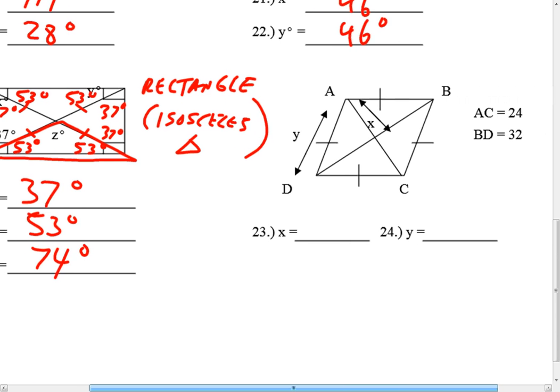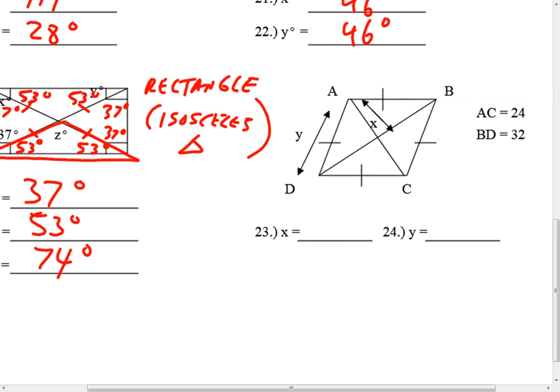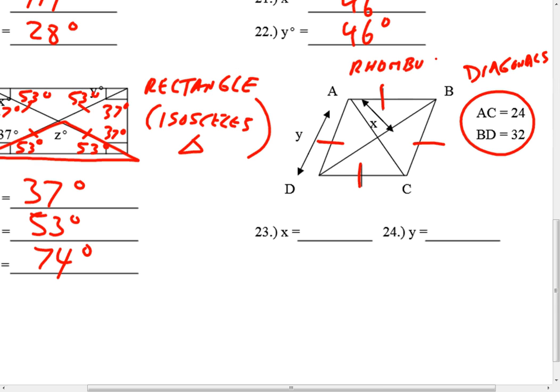Now we've got, instead of angles, we have some lengths. These are the diagonals. What kind of shape is this? Rhombus. Well, I know that in a rhombus, if I see two diagonals, I should be putting right angles right in the center.